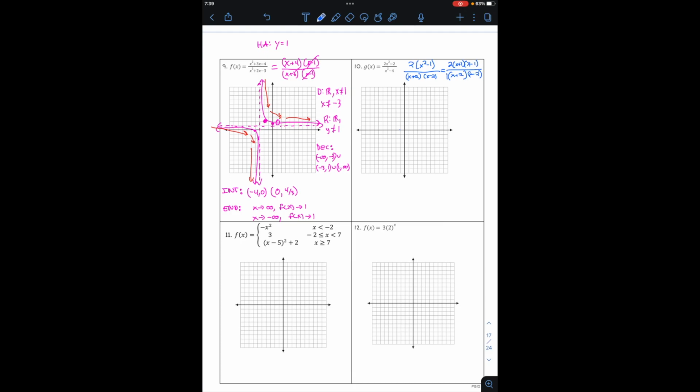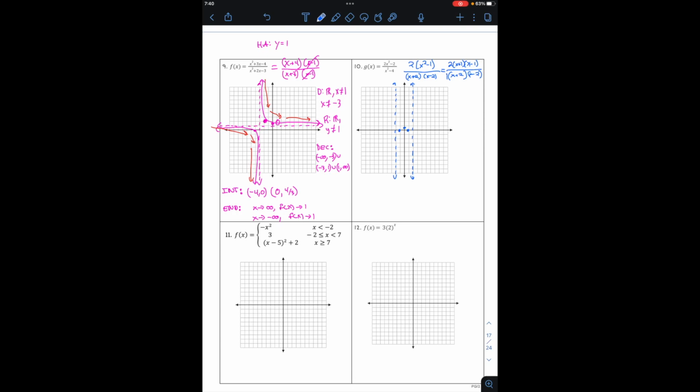Okay, based on our factored form, the common factors, there are none, so in our denominator we have x plus 2, x minus 2, giving us asymptotes at -2 and +2. From our numerator, we have x-intercepts at (-1, 0) and (1, 0). Y-intercept, if we plug in 0, we would get 1/2, so it's something like this.